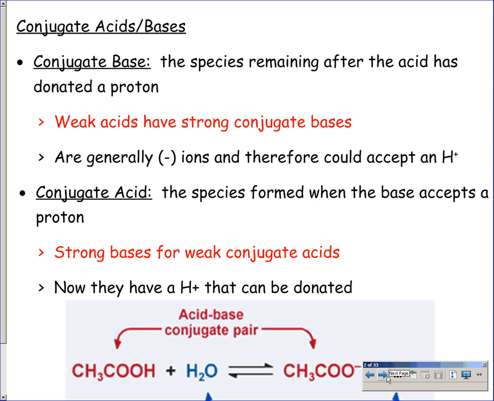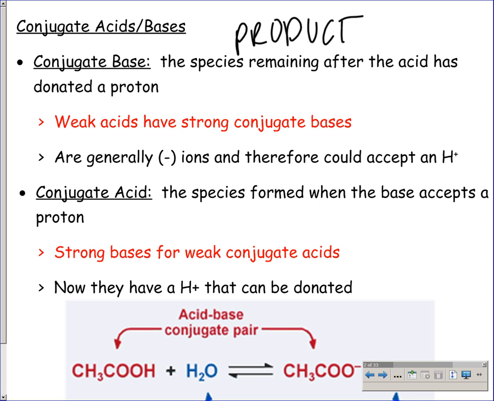Next up is a couple more terminology things that we'll talk about with Bronsted acids and Bronsted bases. The conjugates are just what forms from that acid or from that base. So it's the species remaining, and it's always a product of whatever you have reacting in the reactants, into what it's turned to on the product side.